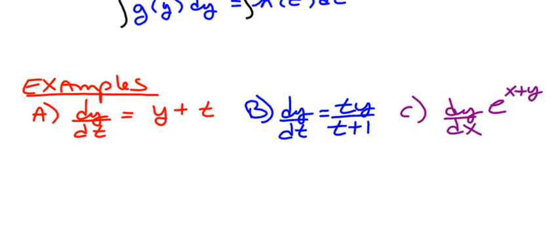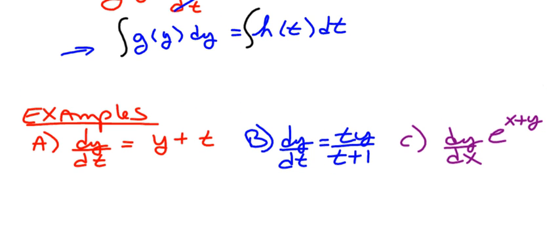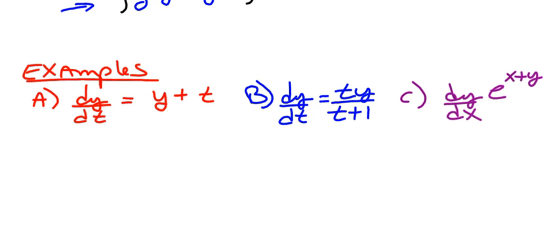So I have here, for example, A. Remember, we want to separate y onto the other side. And notice up here, I had g of y times dy. Remember, that would be like a height times width kind of situation. But if it was this one, I'm going to try to separate the variables.